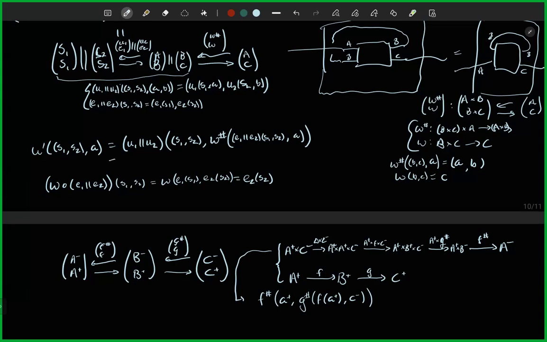And then we can compute this because we know what the U1 and U2 do. U1 and U2, and then we have to say this pair. The pair, by the way, is going to be the two elements here, the first projection of W sharp. It's a pair like this.